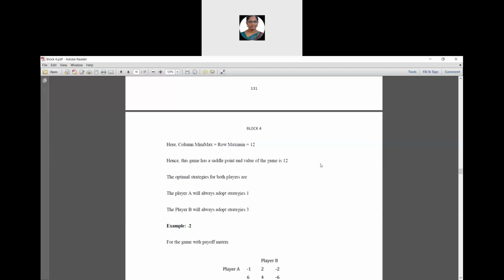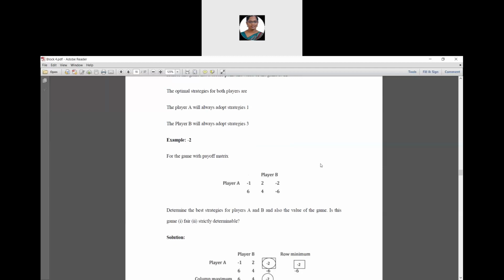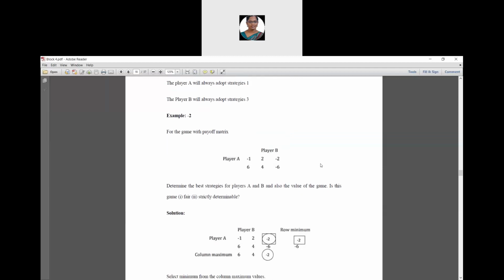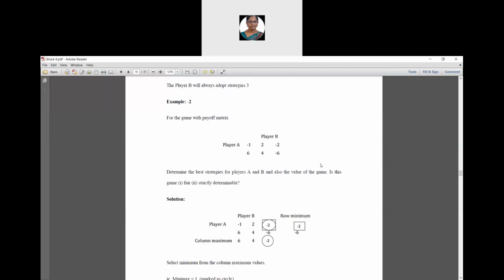The optimal strategies for both players are: the player A will always adopt strategy 1 and the player B will always adopt strategy 3. Moving on to the next example. For the game with the payoff matrix, they have given the payoff matrix.